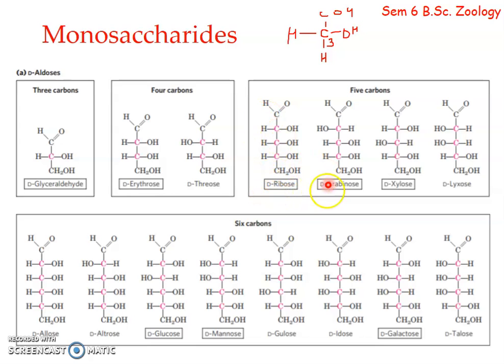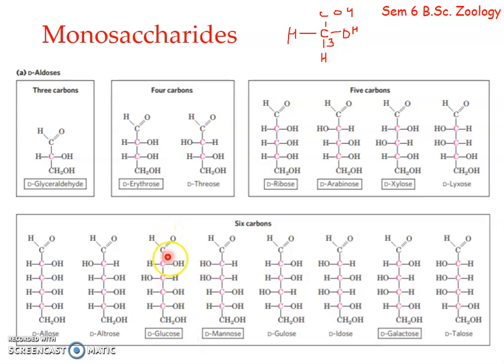It is a very important structural molecule in nucleotides, nucleic acids, etc. And this one, glucose, again, is a very important molecule, one of the most abundant sources of energy in animals. Okay, D-mannose and D-galactose. You have to learn the structure of glucose, because most of the properties and even the disaccharides and polysaccharides are based on glucose.